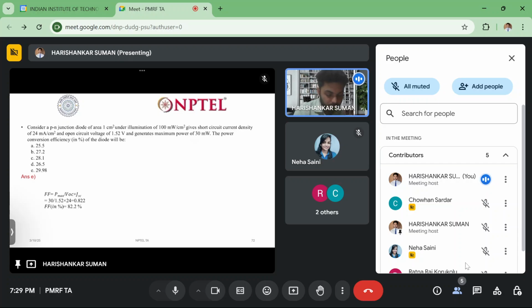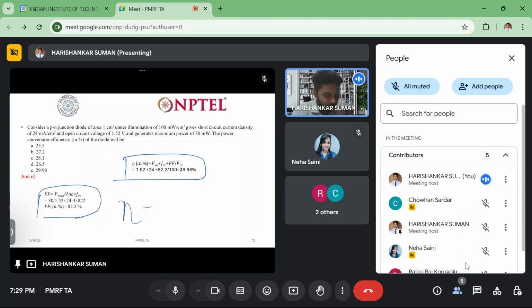Next, a similar question, but here efficiency is being asked. So first you can find the fill factor. For efficiency you can use this formula, or you can also calculate P output upon P input.